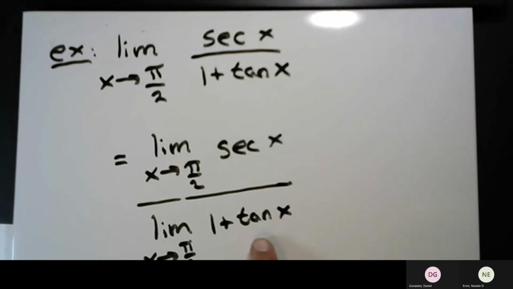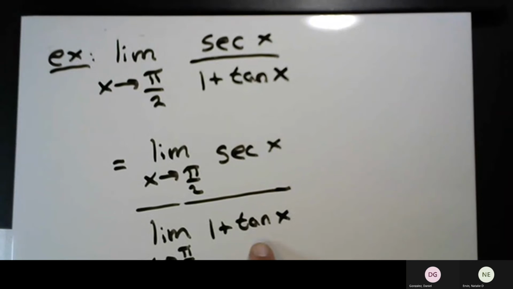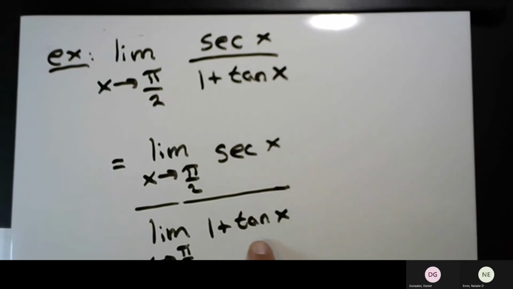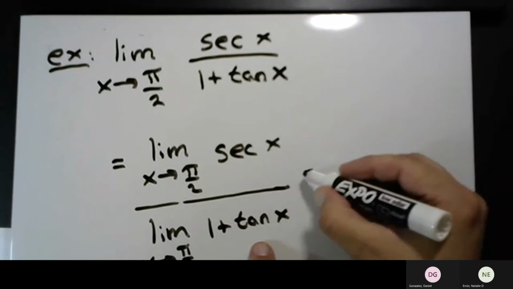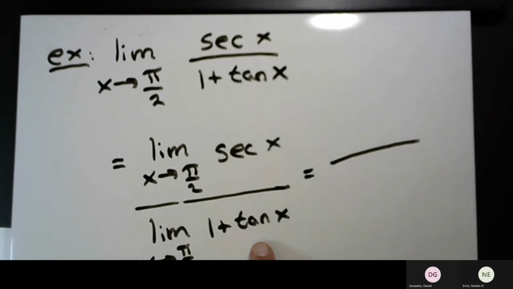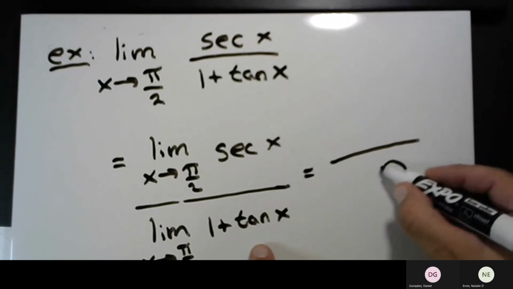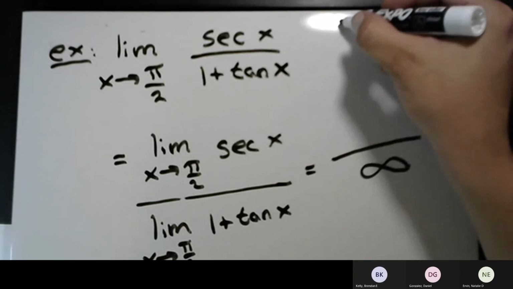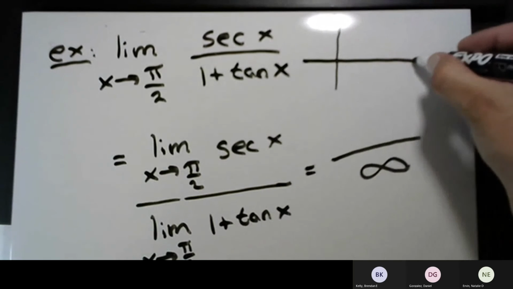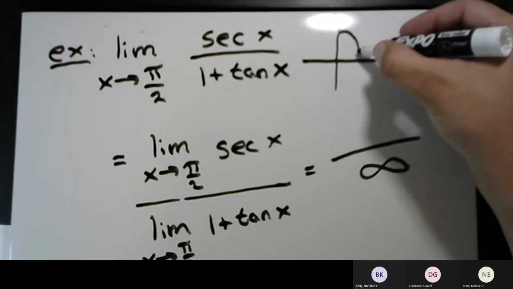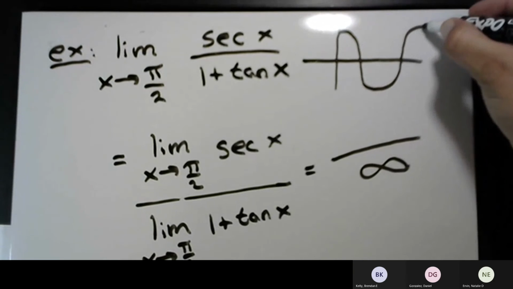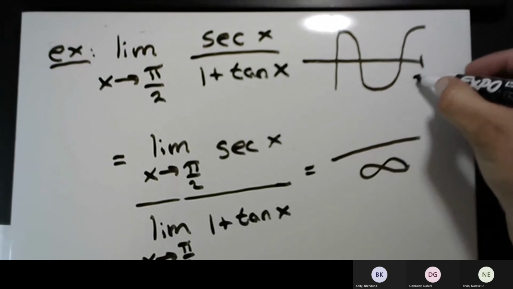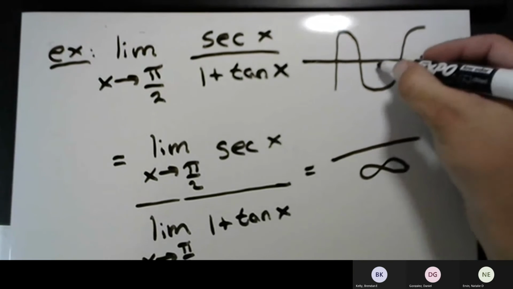Now, as you get closer to pi over 2, what's going to happen is this is going to infinity. Now, to kind of picture what's going on with secant, it's been a while since we've done this. You can take our cosine function. There's 2 pi.